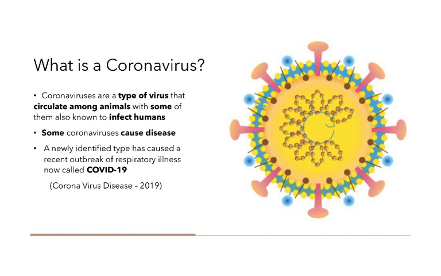So first of all, coronaviruses are a type of virus that circulate among animals, with some of them also known to infect humans. So a coronavirus is not new. There have been coronaviruses before. Some of them can cause disease. So what we're dealing with right now in the world is a newly identified type that has caused a recent outbreak of respiratory illness, now called COVID-19.